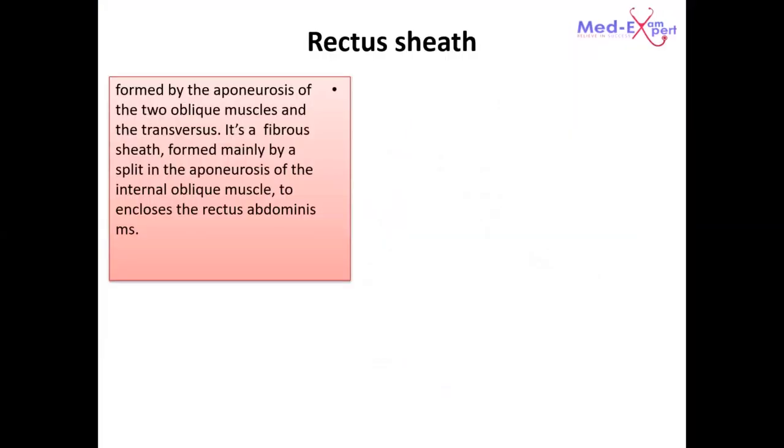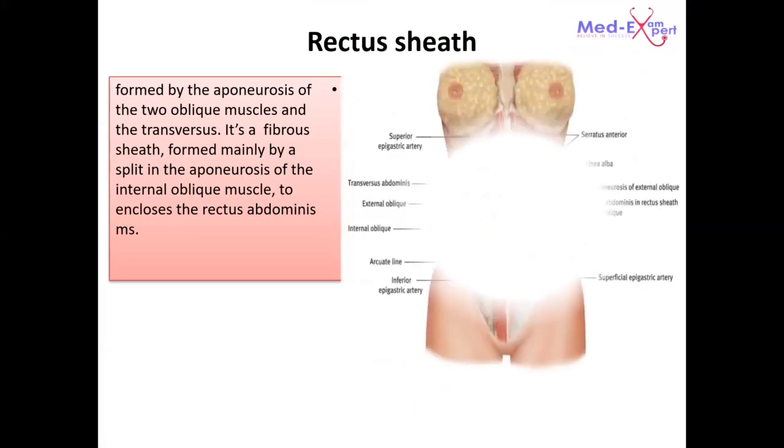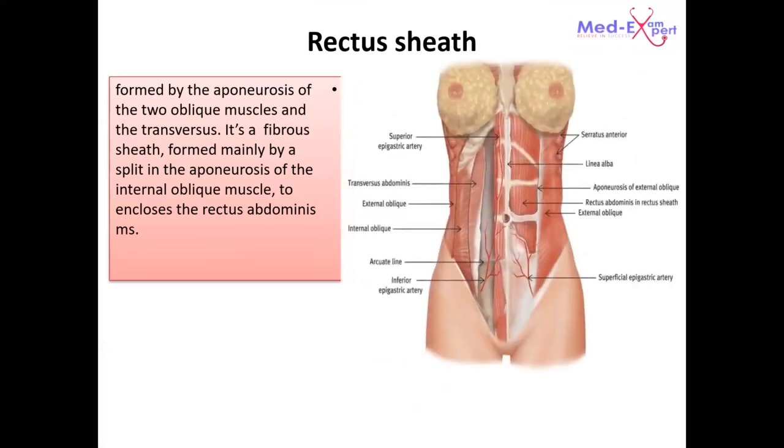Okay, what about the rectus sheath? This is a very, very important point and you can be asked about it in the exam. The rectus sheath is formed by the aponeurosis of the two oblique muscles and the transversus.